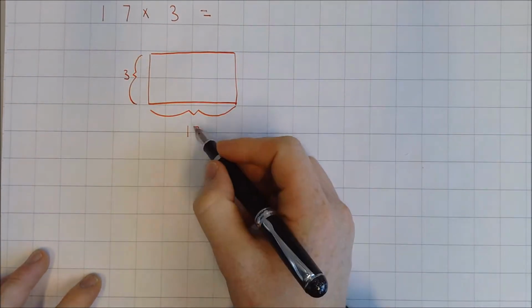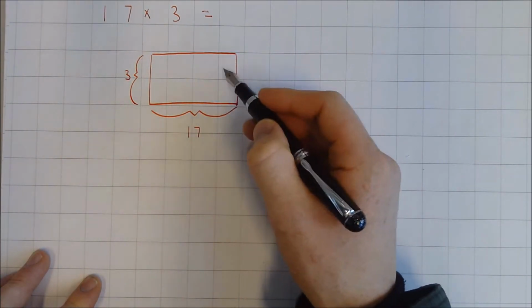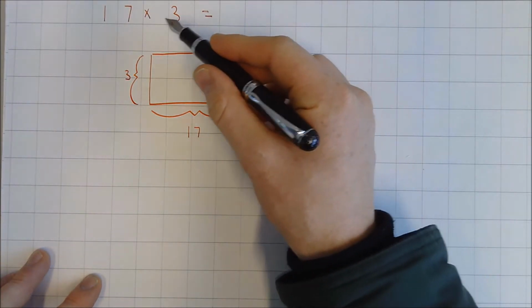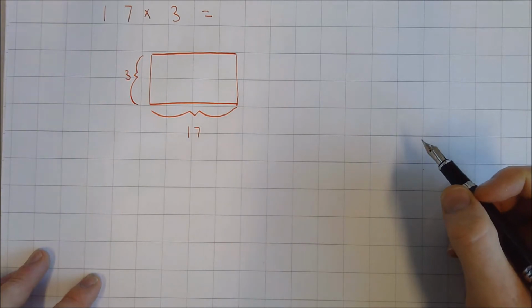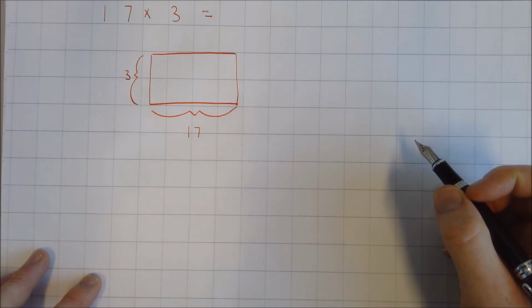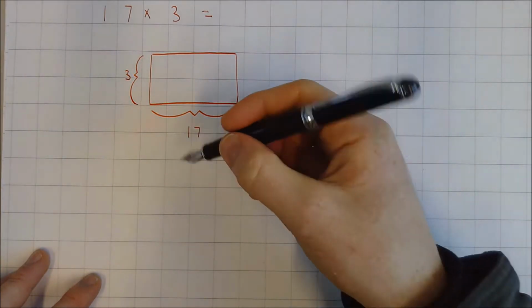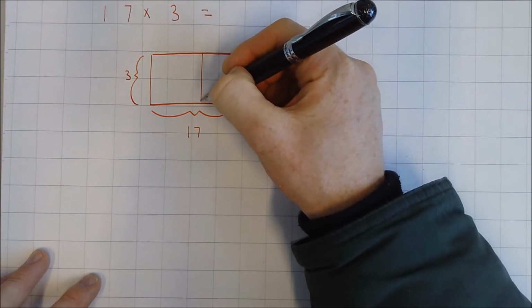So here we have our two factors, 17 and 3, and the area of this rectangle represents the product of this multiplication. Which of these two factors would you partition to make this easier? If you said the 17, I agree with you, so we'd partition the 17 into a 10 and a 7.